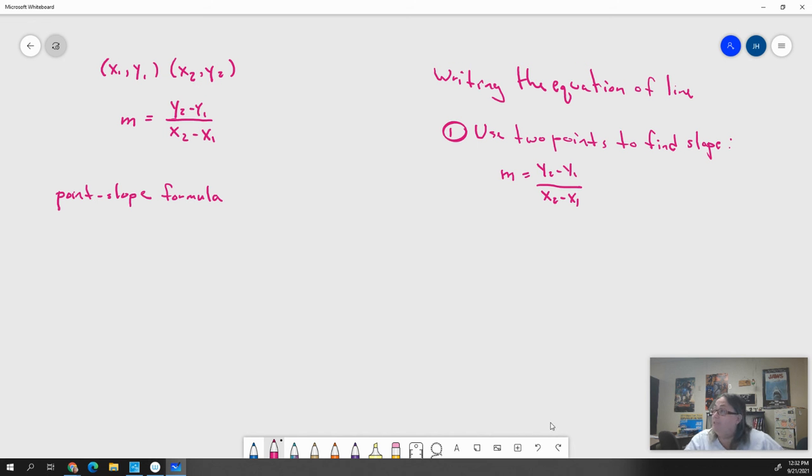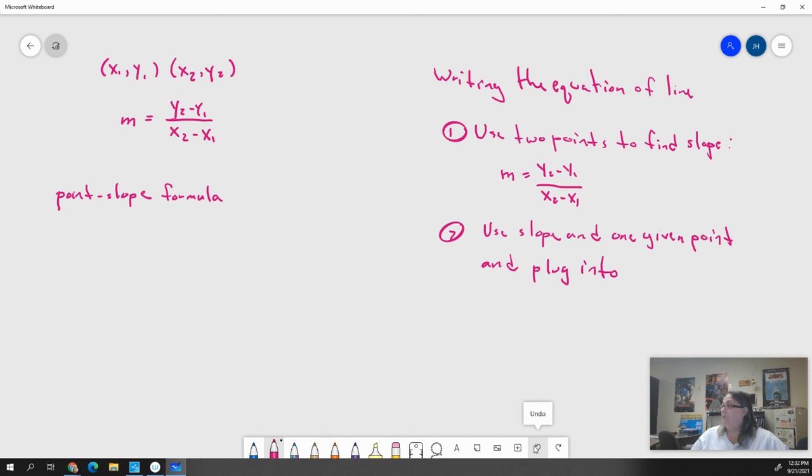The next thing I'm going to do is take the outcome of that and plug it into what we call the point-slope formula. Use the slope and one given point, and I'm going to show you how to do all this.